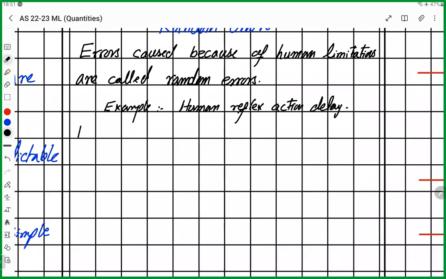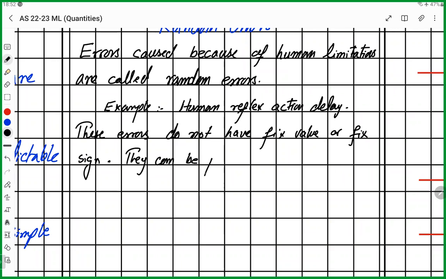These errors do not have a fixed value or fixed sign. They can be positive or negative, and more or less.